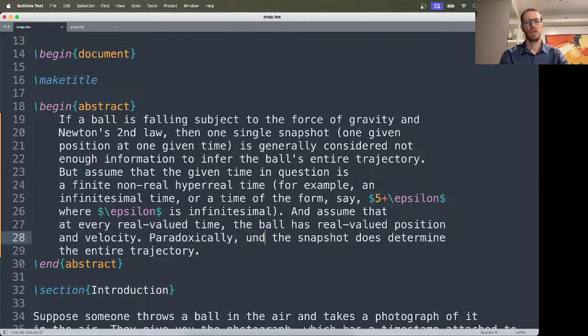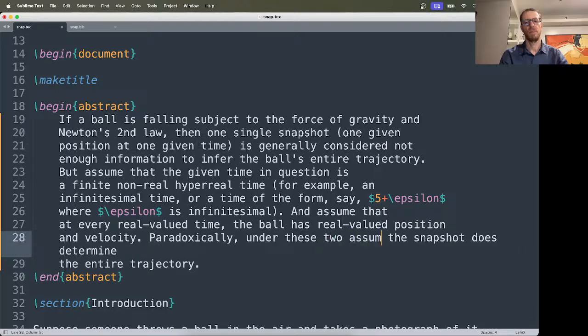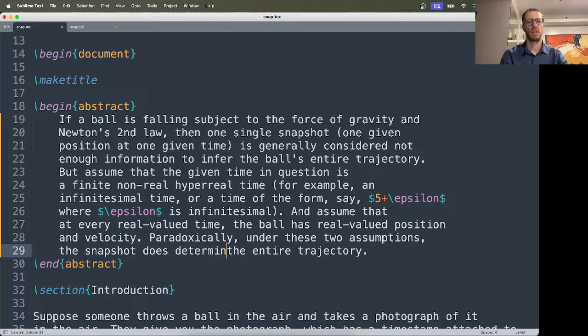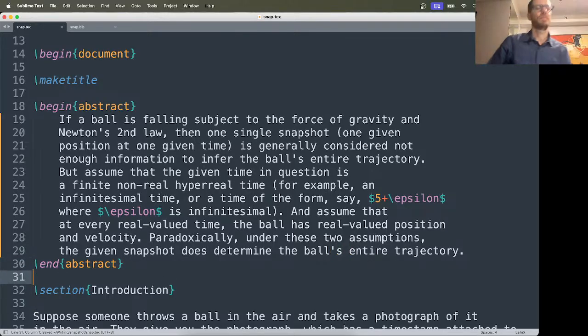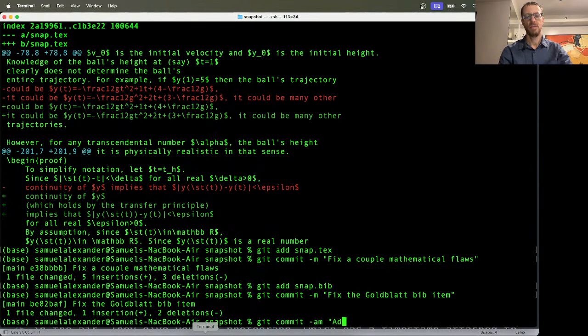Paradoxically, under these two assumptions, the given snapshot does determine the ball's entire trajectory. Good. Commit that.